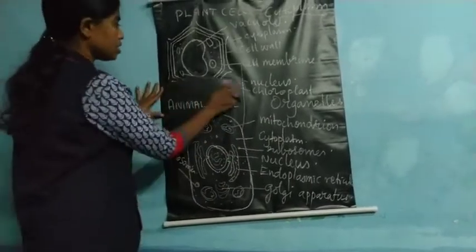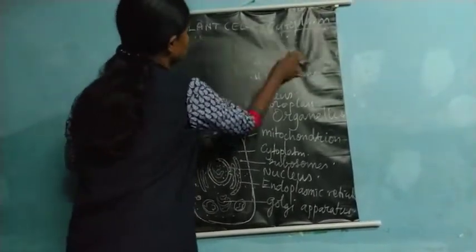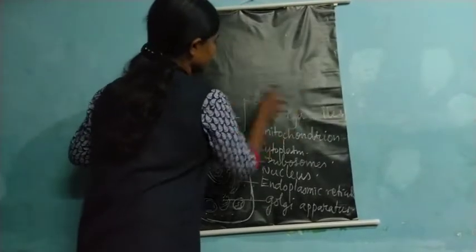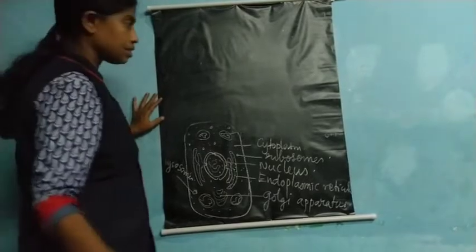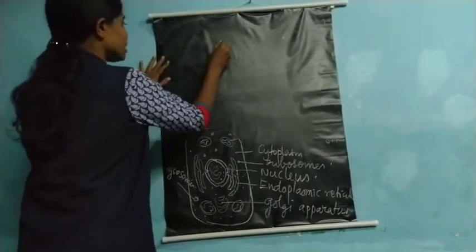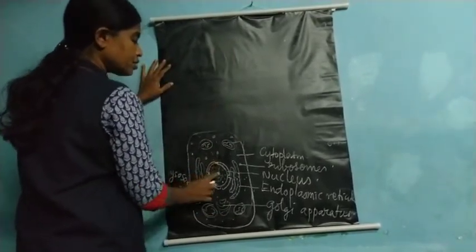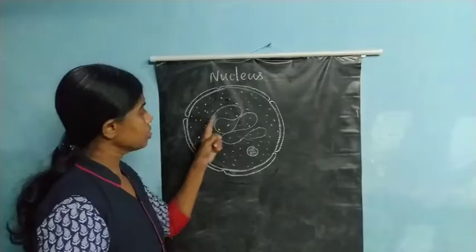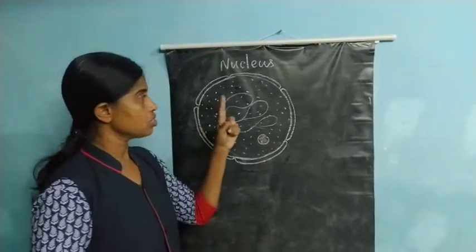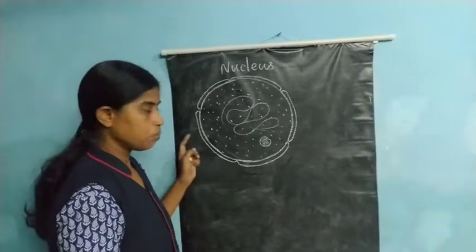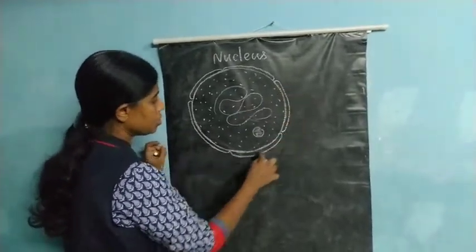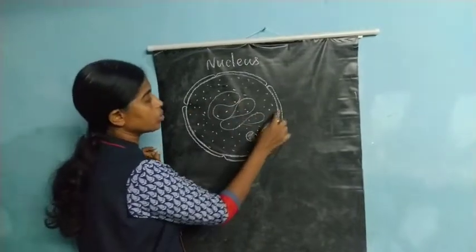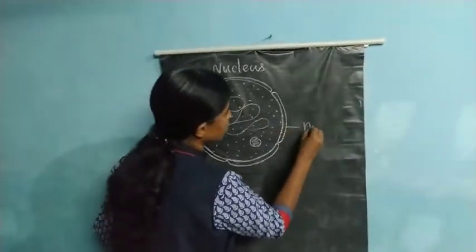So I'll rub this first, and I wanted to draw a nucleus. Nucleus is spherical in shape, found in the center of the cell. And the nucleus is covered by a double-walled membrane. That is called nuclear membrane.